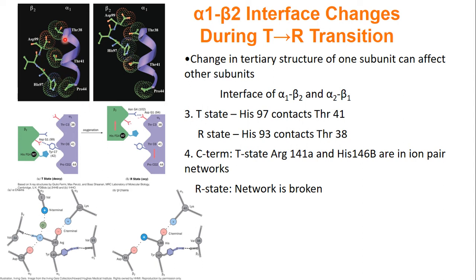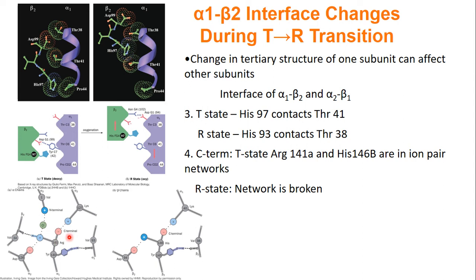This is one way that hemoglobins can, quote unquote, talk to different subunits. By having this change, you are telling the other subunit on this alpha 1, hey, I have bound oxygen, there's oxygen available, get ready to bind oxygen. You also have interactions at the C terminus. In the tense state, arginine 141 in the alpha subunit and histidine 146 in the beta subunit are in this nice ion pair network.